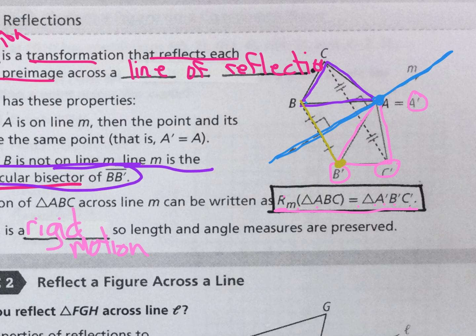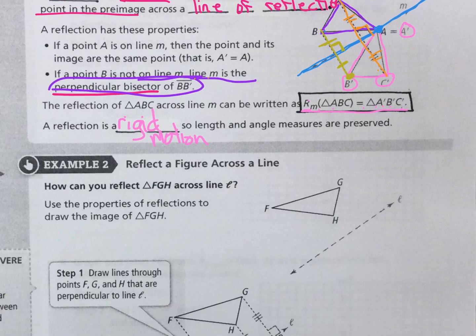So line M is perpendicular to it. And B prime is the same distance away from the line of reflection that B is. And that goes for C prime, right? Line M is the perpendicular bisector of line segment CC prime.